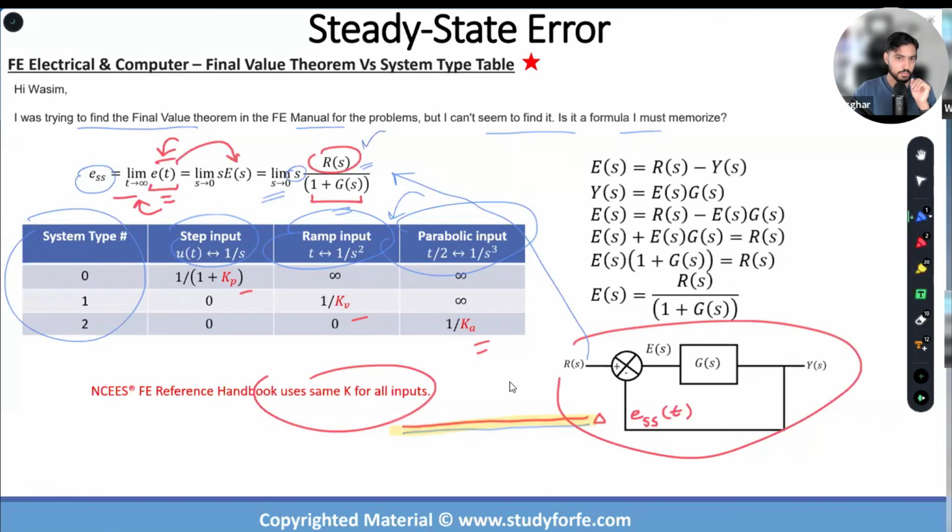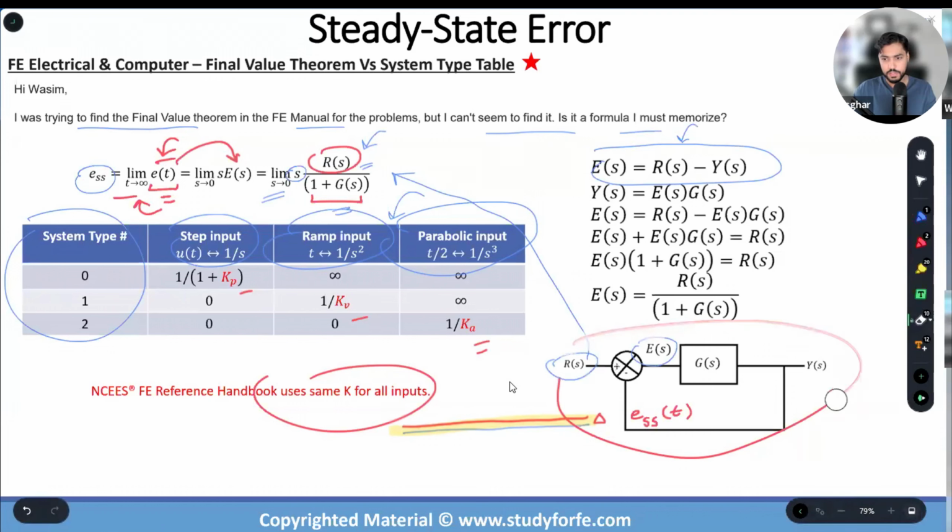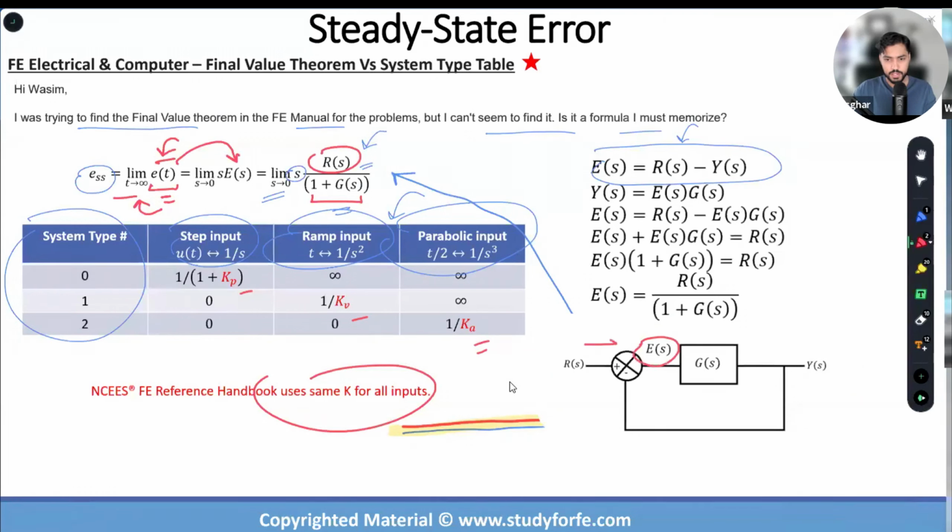R of s is your input, the Laplace of the input, okay? And this is the derivation that I go through, right? If I define E of s as the difference between R of s, so this is my R of s that is coming in. You can quickly review this, and we've done a lot of these in the course. So if this is the E of s, you can see E of s input is R of s. I am subtracting Y of s. So E of s is simply equal to R of s minus Y of s.